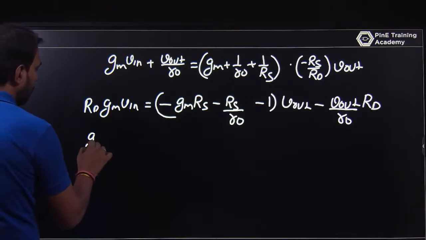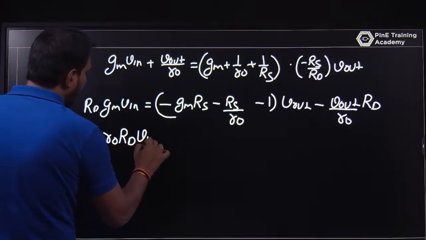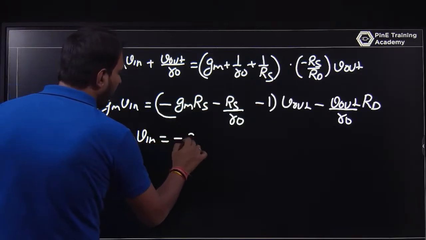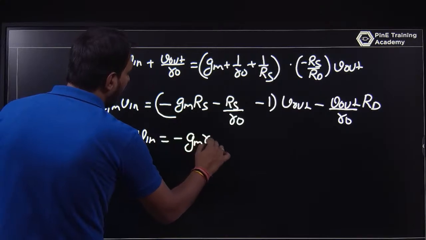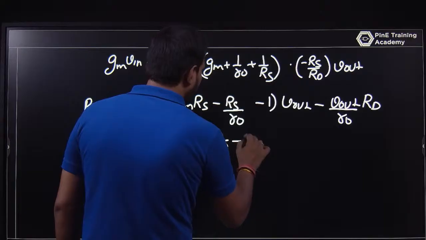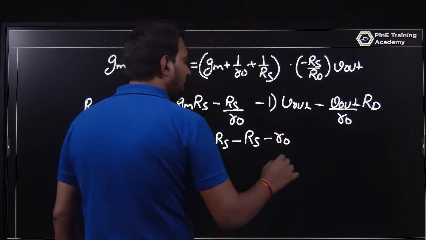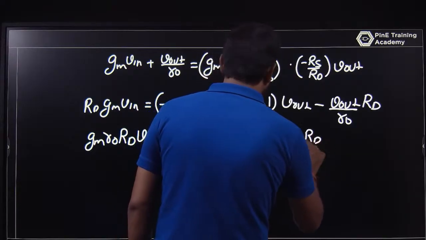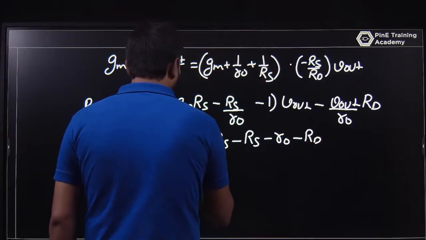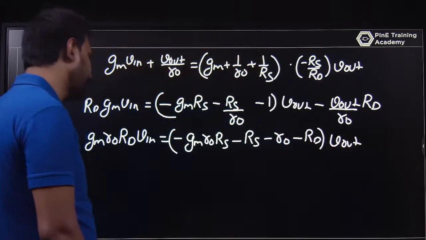So this is Gm R naught RD V in, equal to minus Gm R naught Rs minus Rs minus R naught minus RD, like this, into V out.